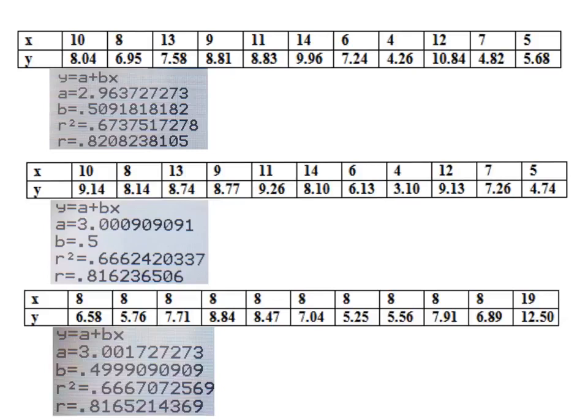So for every one of these three, we have a regression equation that is almost the same, a correlation that's almost the same, and an R-squared that's almost the same. Not only do they have the same line, but the line seems to fit each set of data about the same. Now, on the next slide, I'm going to show you what the graphs look like.